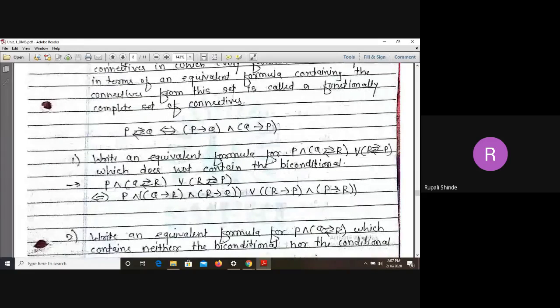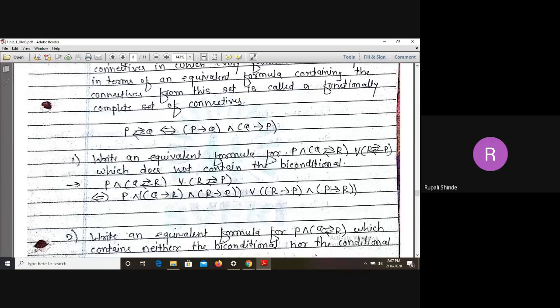This one. From this formula. P and what is the next bracket? Negation Q or R. No. I just want to remove biconditional. Then in the next step, we will remove conditional. So first of all, tell me.